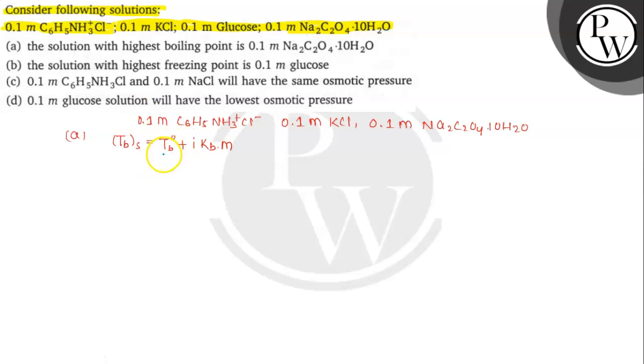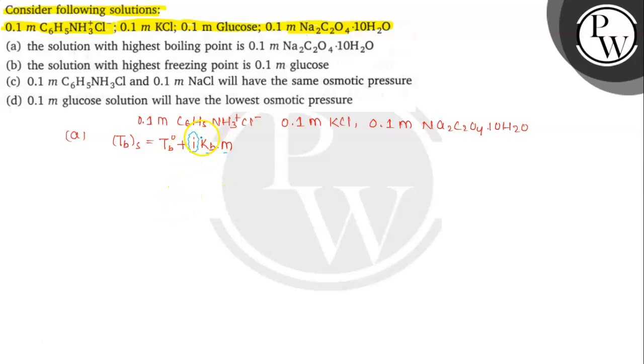This is constant because it will remain the same always. Molality is the same in each case, so it will remain constant. Kb is the ebullioscopic constant. It will also remain the same. Only it varies according to the Van't Hoff factor, that is i.